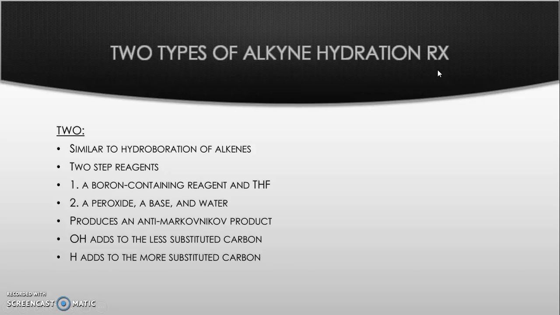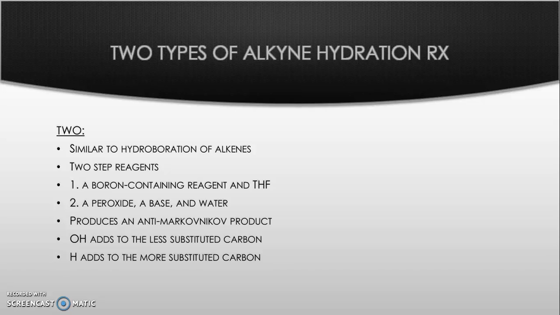The second type of alkyne hydration reaction, I like to think of this one as the hydroboration of alkenes, because again, that reaction mechanism is represented almost exactly in this alkyne hydration reaction. So the reagents for this one, it is 2 steps.